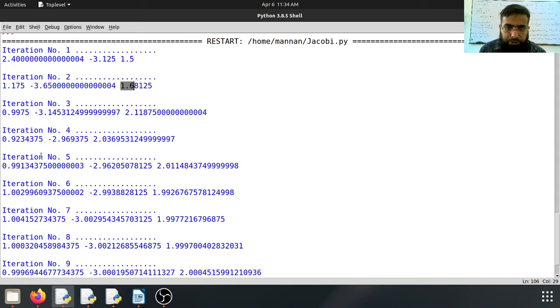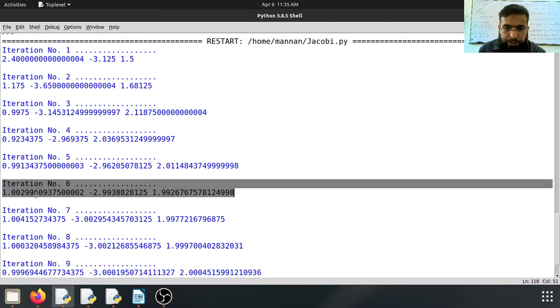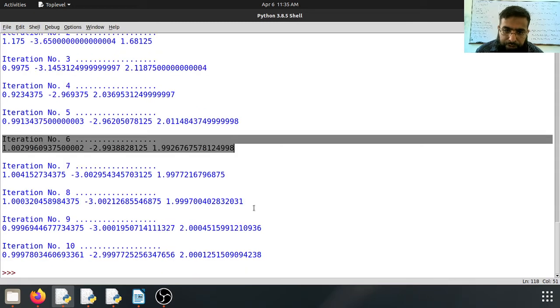If we go on, at iteration number 6, we see they seem to be converging. x1 seems to be converging at 1, x2 at minus 3, and x3 at plus 2. And after that, at iteration number 7, 8, 9, and 10, there is no significant change.